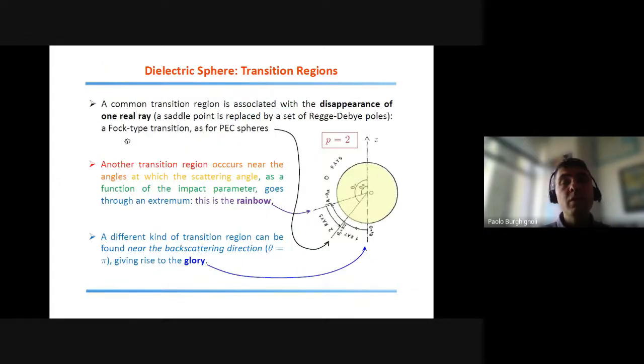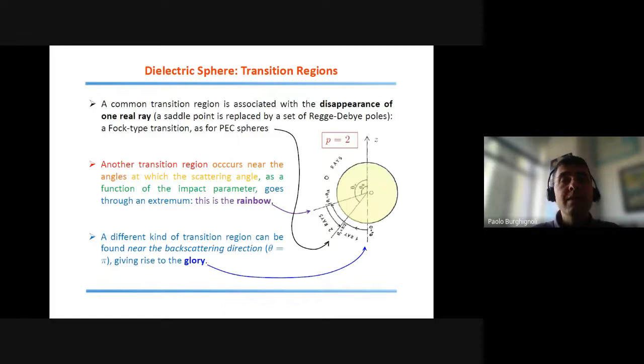Now, if you consider all the rays that are incident on the sphere, you will find that depending on the angle, different phenomena may occur. For example, there are transition regions that occur between the lit and the shadow parts, angular regions.